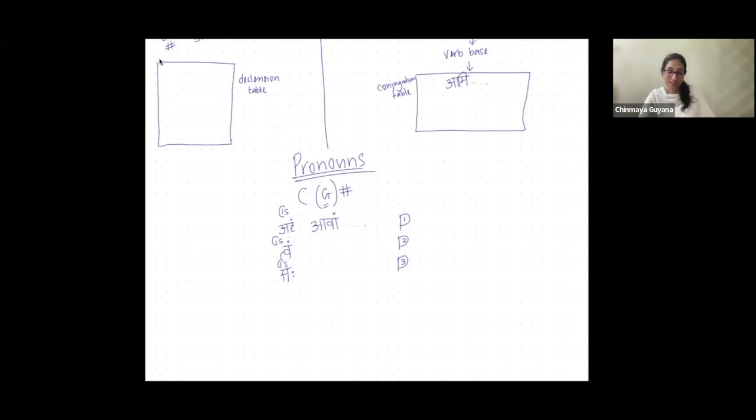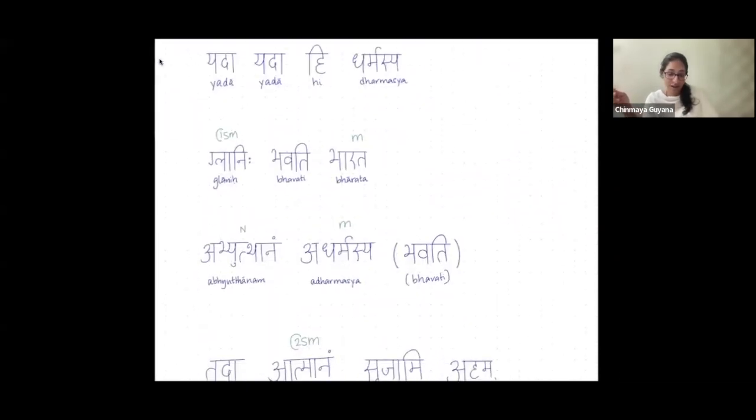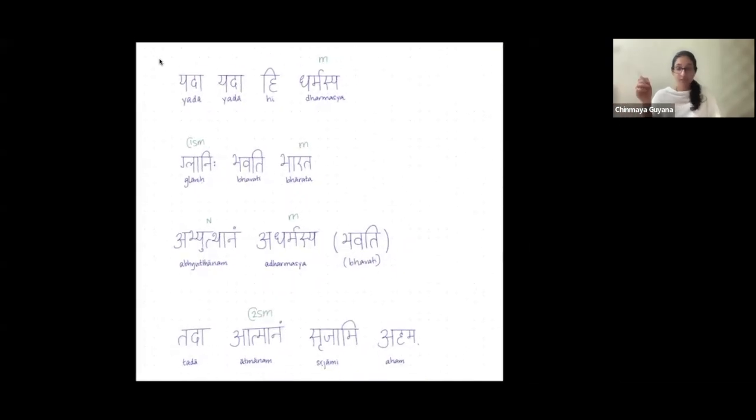Okay, so is everybody ready? Together, we're going to translate it together. Just give me your attention. I will send this to you and you can write it down after. I think everybody knows this verse. You may not know anything else in Gita, but you will know this verse for sure.